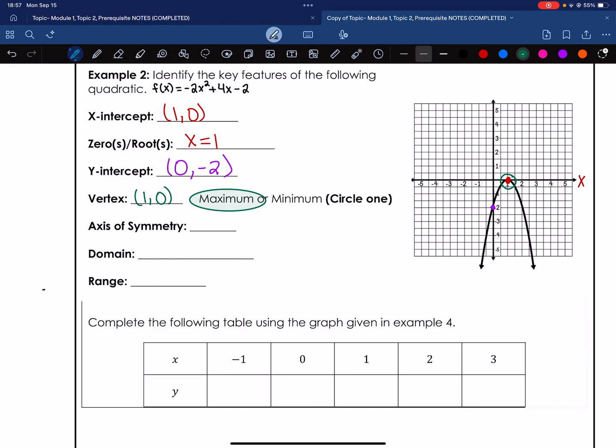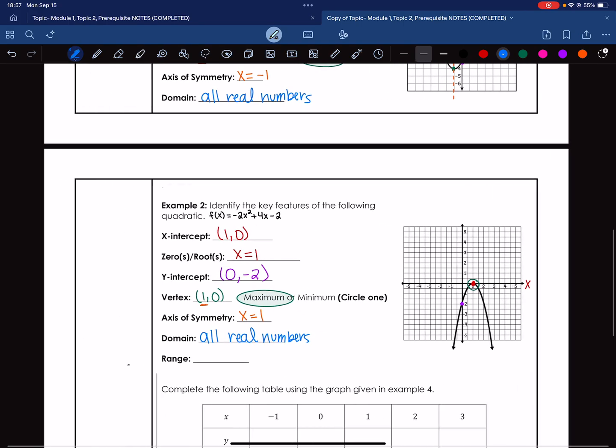Okay, the axis of symmetry. So the axis of symmetry is x equals the x value of the vertex, which is x equals 1. Okay, our domain, all real numbers. And on this one, we do have the range.